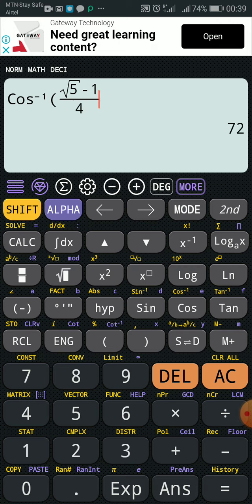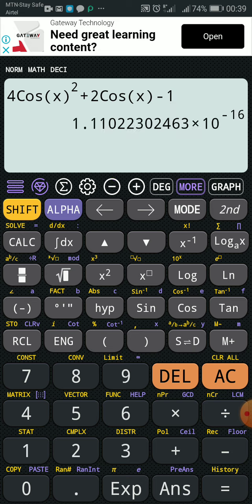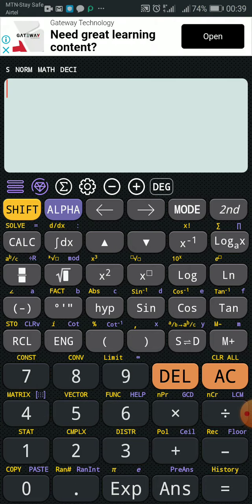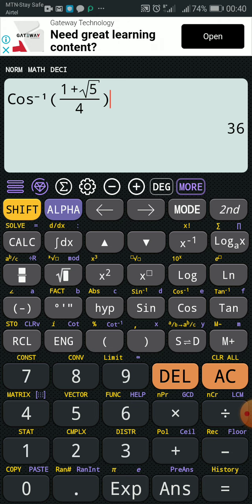Okay, so that's 72. If I press equal to, wow, you see, this is not giving me 0, so that's a problem. Let's press equal to again to adjust. Okay, the next one is 1 plus root 5 all over 4. So we say shift cos inverse of 1 plus root 5, then everything is all over 4. Okay, so this is 36, so press equal to.